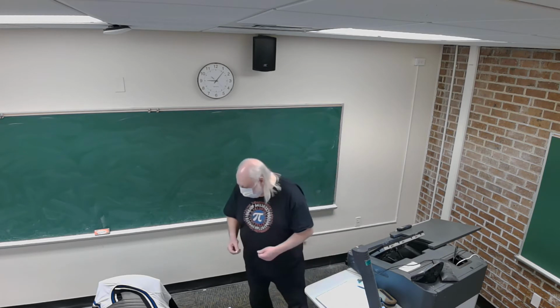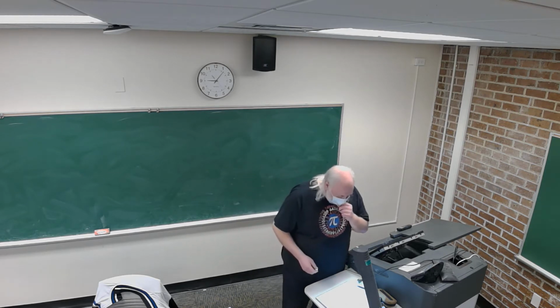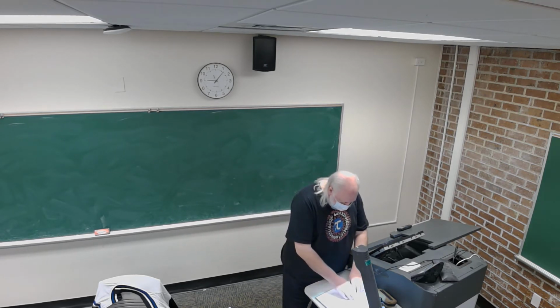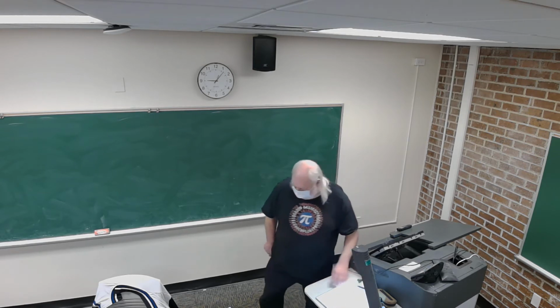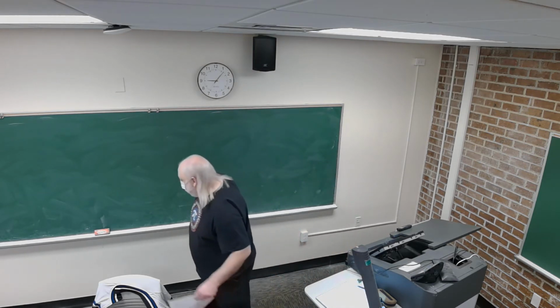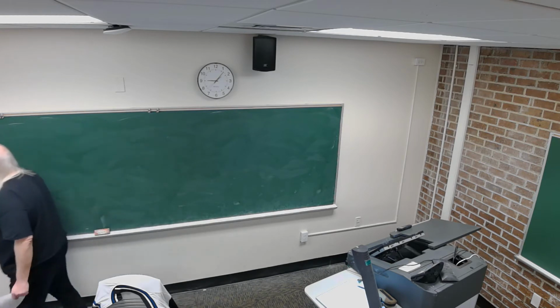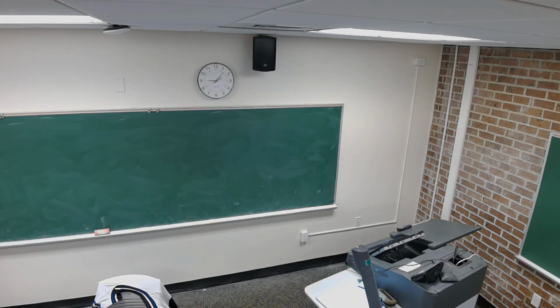So 2 parallel lines have equal slopes. 2 lines with non-zero slopes, M1 and M2, are perpendicular if and only if their product is equal to -1. Okay? So for perpendicular lines, we have M1 times M2 is equal to -1.